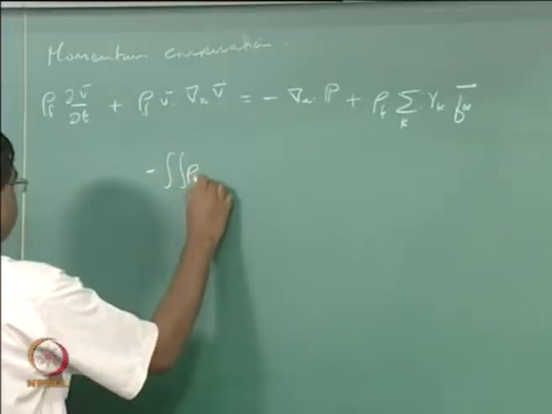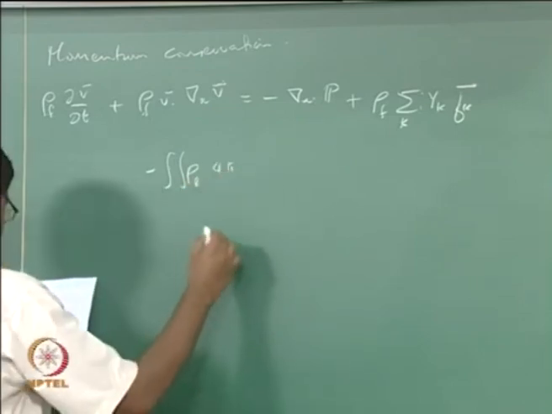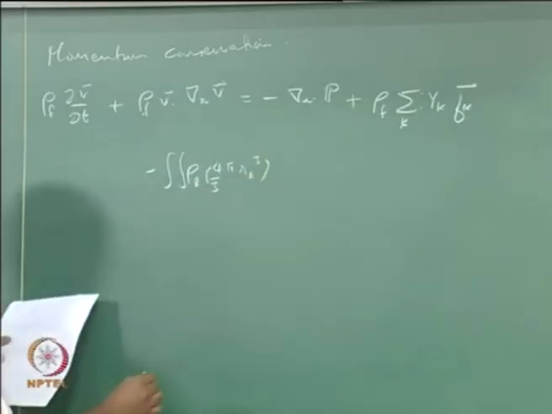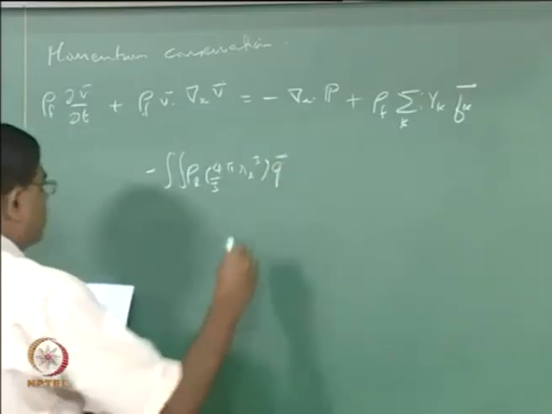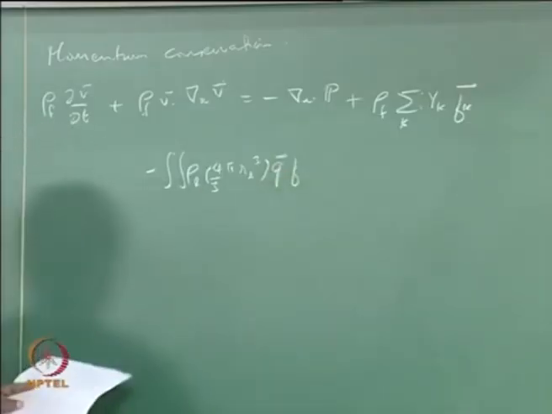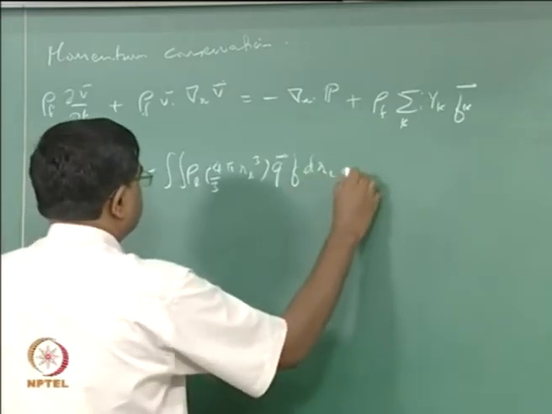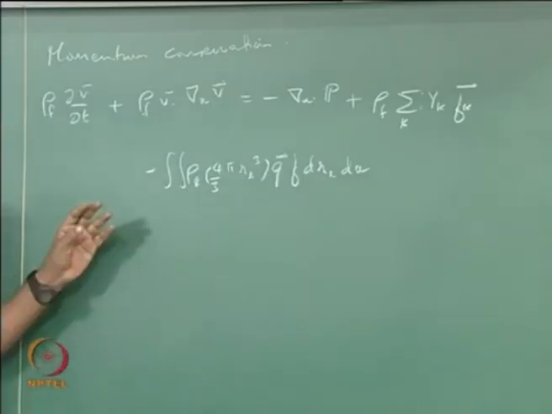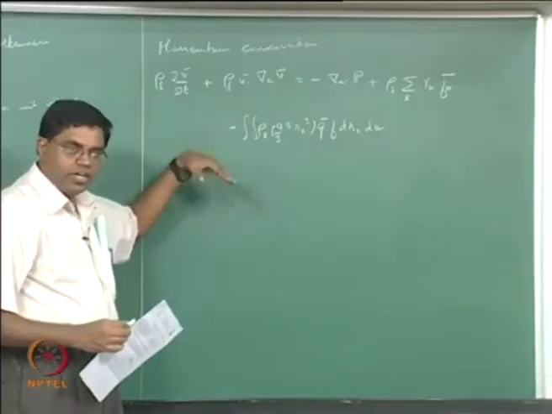Then you have another term, 4 by 3 pi RL cubed. Oh no, this is the drag on the droplet. This is the drag experienced by the droplets from the gas, and in turn the droplets exert an equal and opposite drag on the gas.